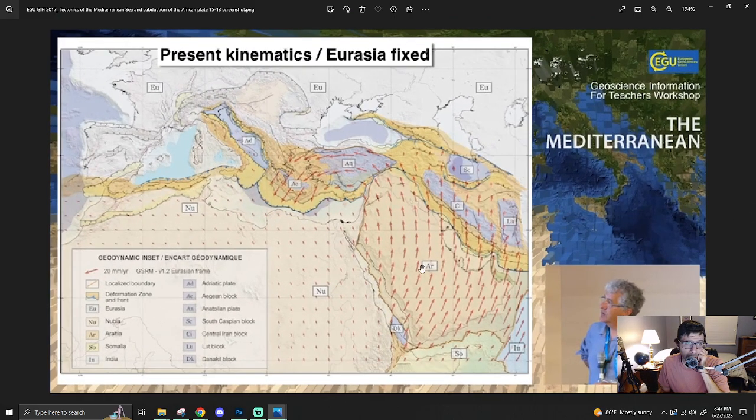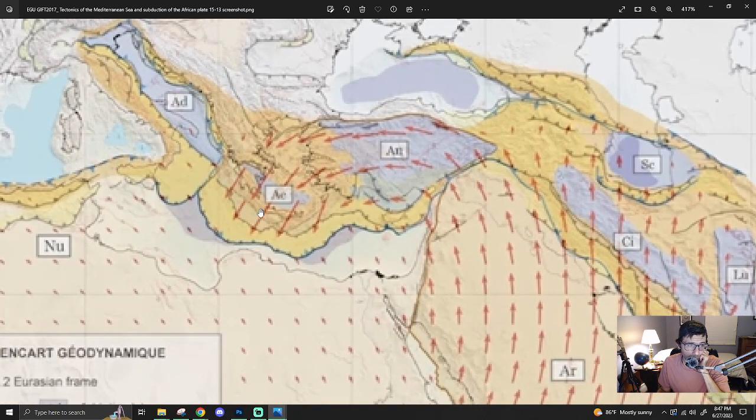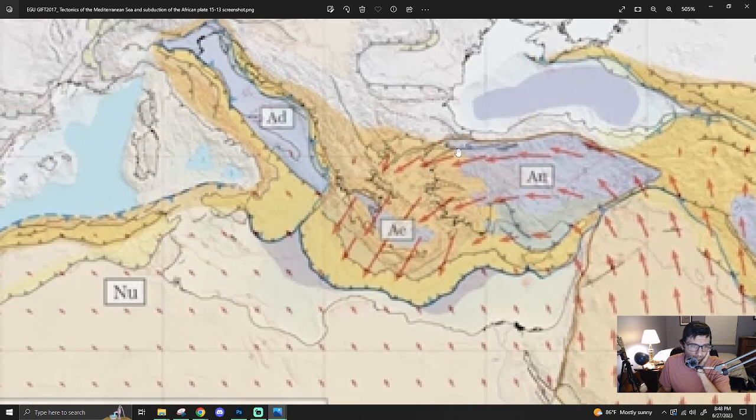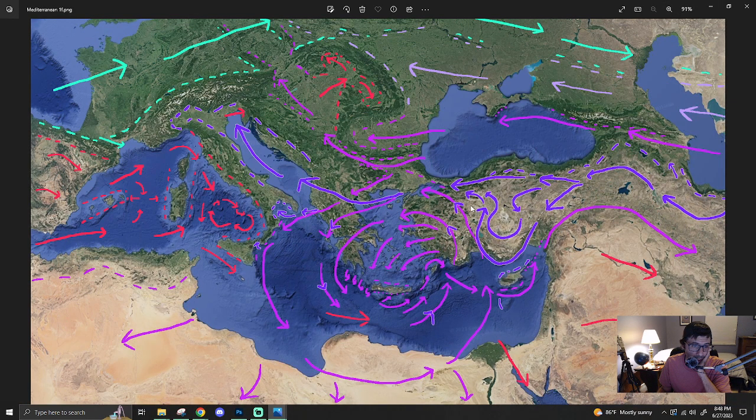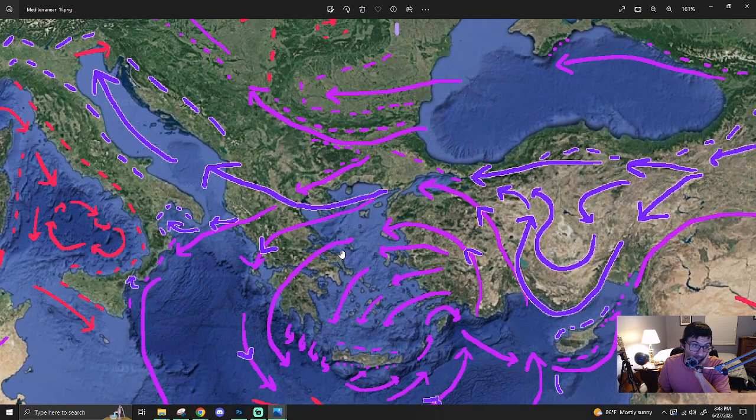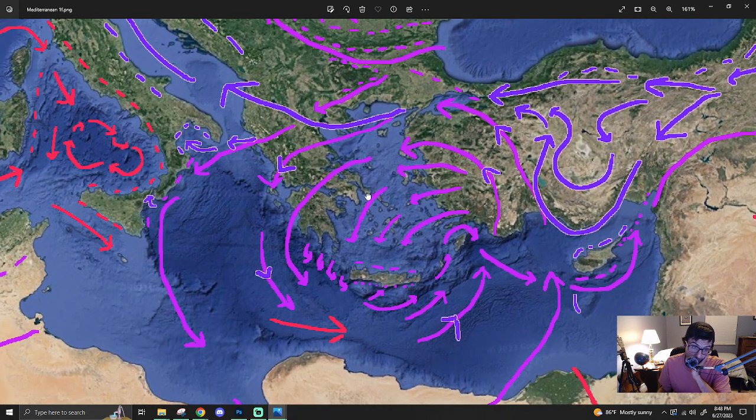Present kinematics wraps around, up, and around, so they're kind of colliding here. I mean, I have it going up this way, but it's also coming across this way. Highly possible that this is related.